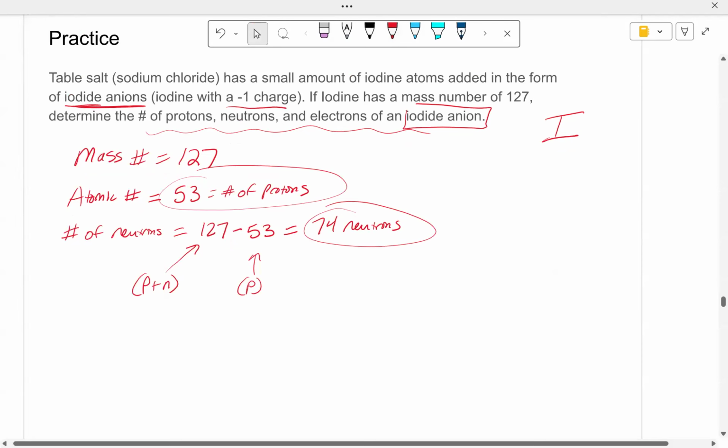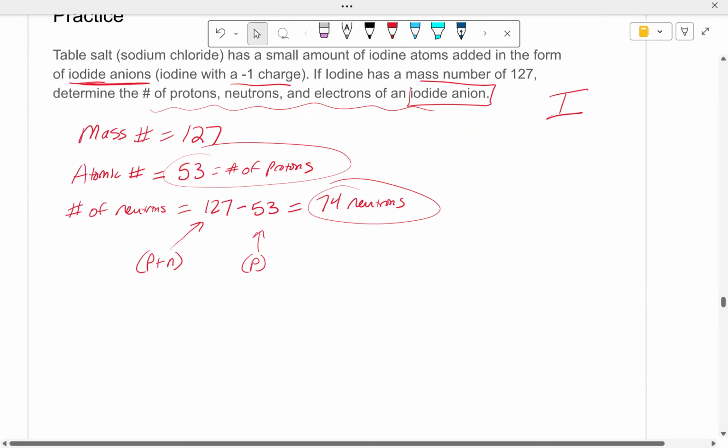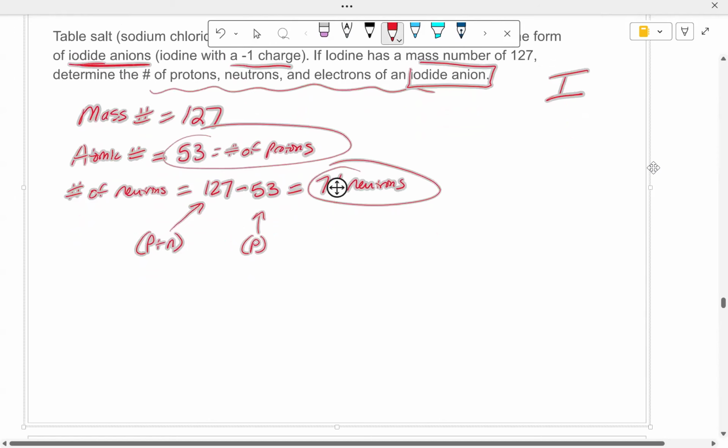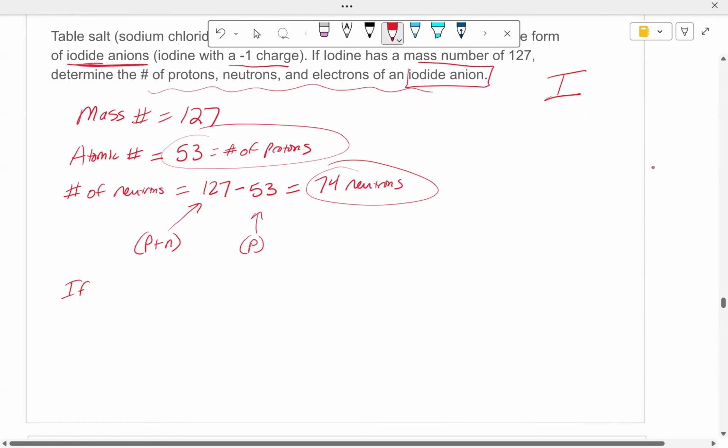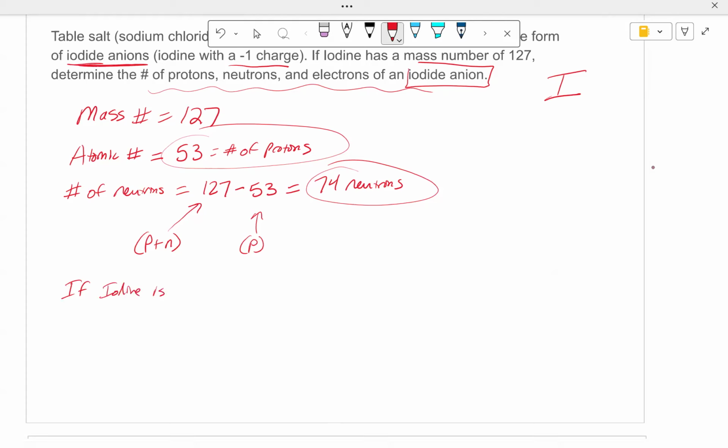Now, how many electrons are there? Let's take this from the foundation and say, if iodine is neutral, it has no charge, then the number of protons should equal the number of electrons. But iodide has a -1 charge. So how does an atom get a minus charge?